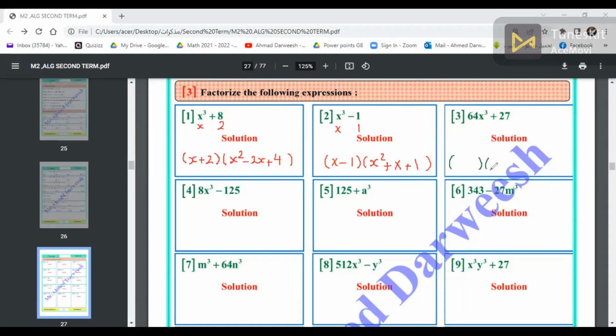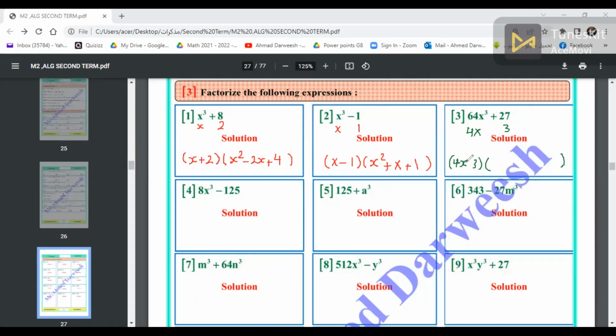Small one, a tall one. What is the cubic root of 64? Use a calculator: shift, root, to give the cubic root. It gives 4, because 4 times 4 times 4 is 64. Then x, only x. And here, 3 times 3 times 3 is 27, so the cubic root of 27 is 3. So we write it here, 4x and 3.